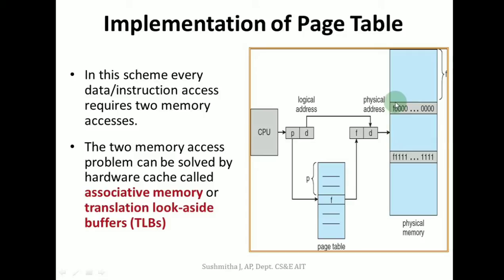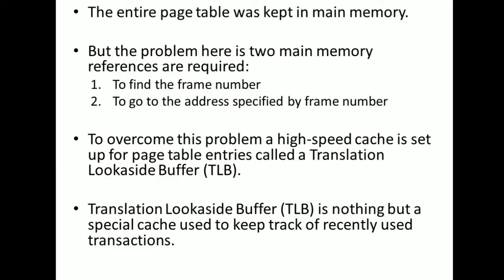Similarly, here also, for every memory access I will have to make two accesses, which definitely adds a delay. To resolve this problem, we use another cache memory, that is your translation look-aside buffer. What will this translation look-aside buffer do?